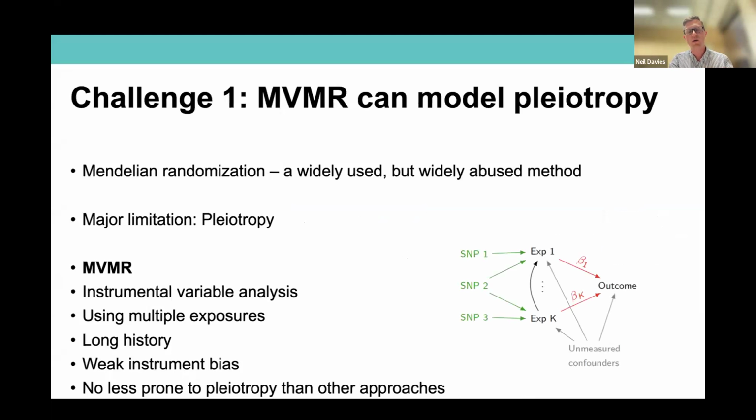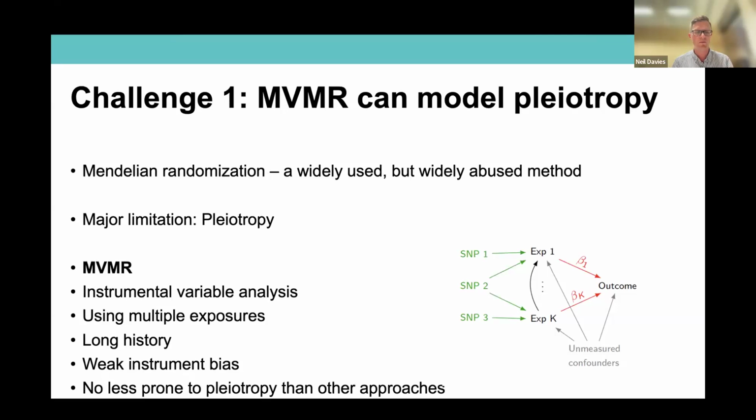However, typically what happens in applied studies is that researchers are interested in much, much larger data sets and far greater numbers of exposures. And in those situations, weak instrument bias for multiple exposures very quickly overwhelms and uses up all of the information in your data.